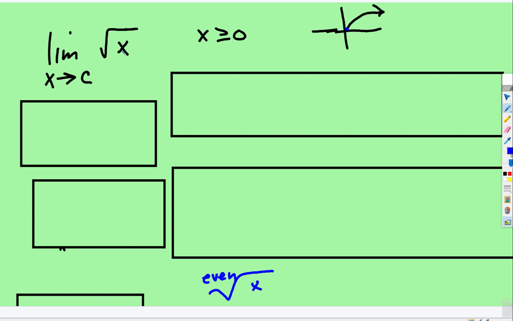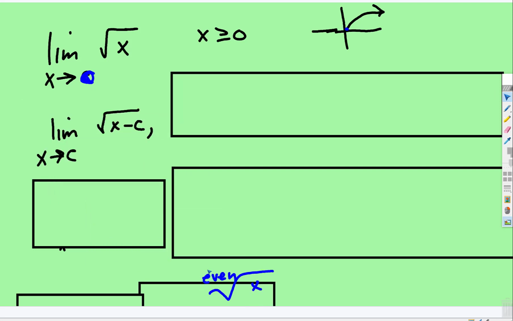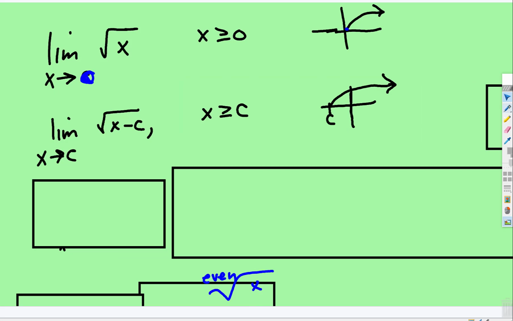So for this basic parent graph, the x value inside has to be greater than or equal to 0. So if an even root function has been shifted, you just have to be careful that whatever zeroes out, x has to be greater than or equal to that c value.